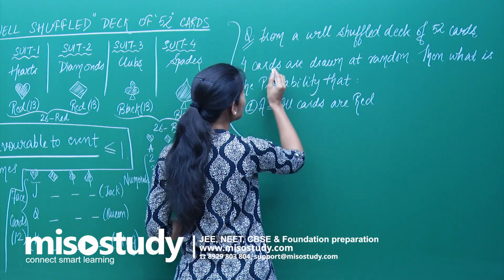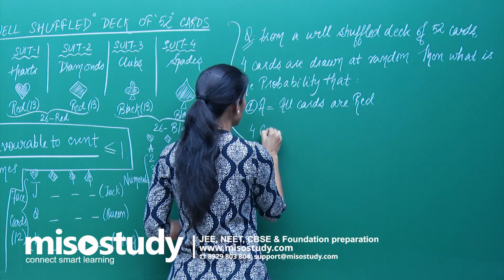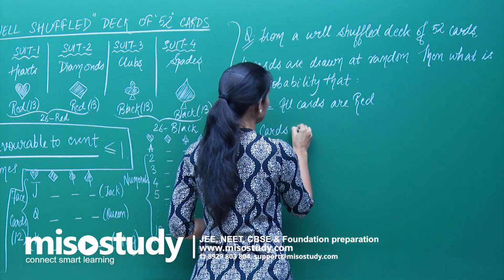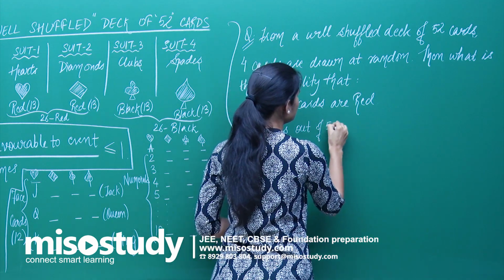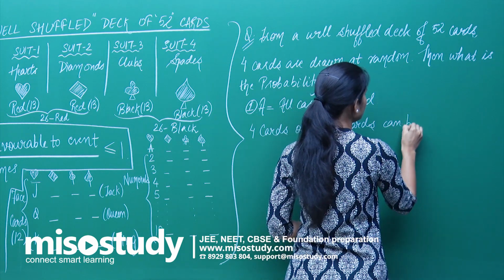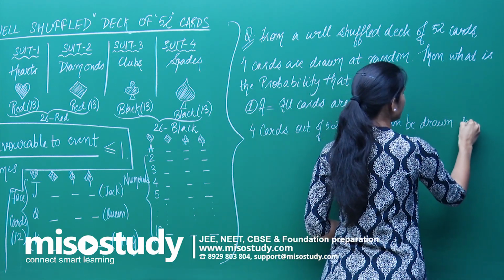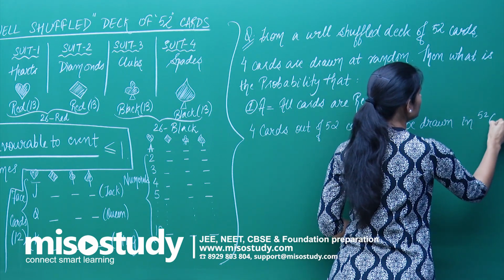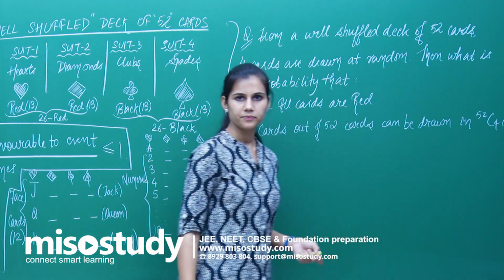See, 4 cards have been drawn from 52 cards. I am saying that 4 cards out of 52 cards can be drawn in 52C4 ways.